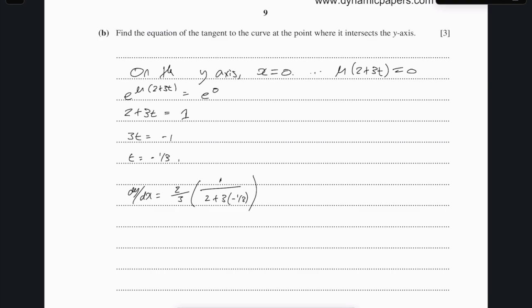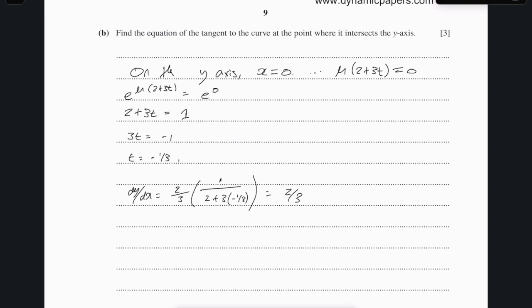Okay. Which gives me what? Well, this is going to give me a value of 2 over 3.